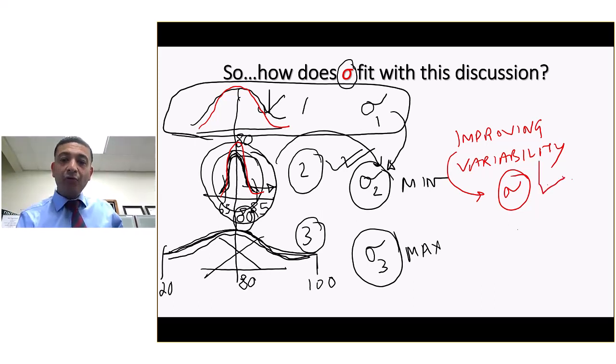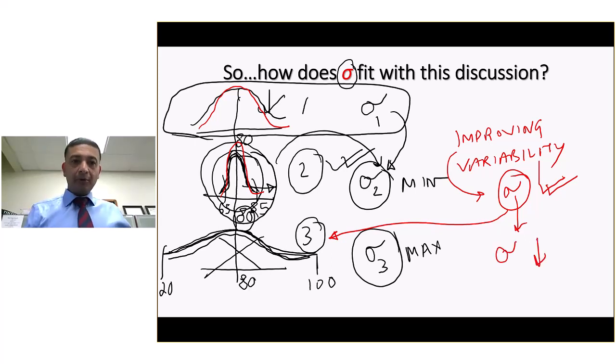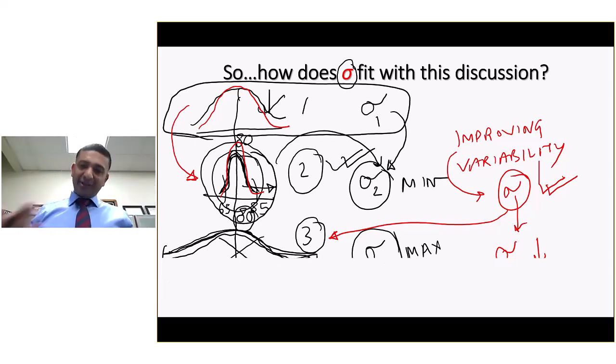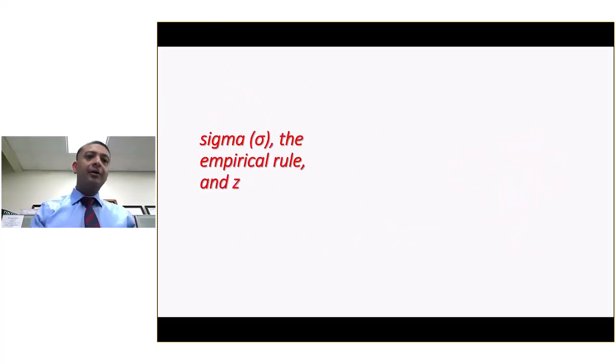And then we looked into pictorially how sigma fits into a distribution, because now we can start figuring out how we can reduce this sigma. What needs to be done to go from here to here is what operations management will teach you. But this is the underlying idea of how you want to reduce sigma. In the next video, we'll talk about sigma and the empirical rule and gradually give you an overview of Z.